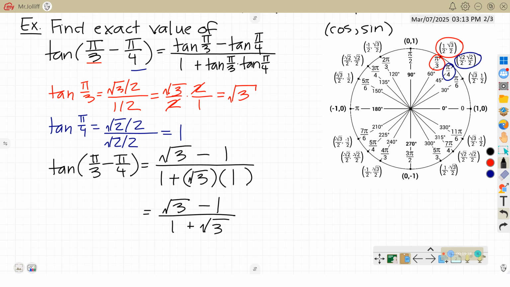Am I done? Probably not, otherwise I wouldn't be asking that question. As a rule, mathematicians don't want to see fractions inside of fractions. That makes us unhappy. We don't want to see radicals in the denominator. That makes me unhappy.